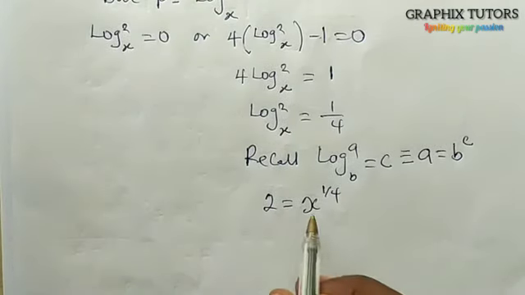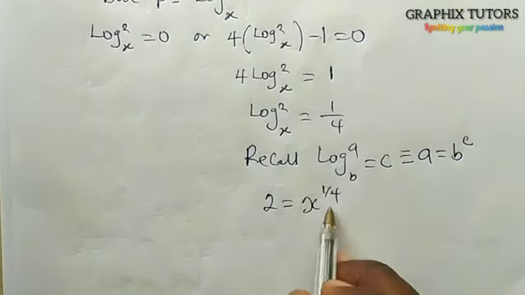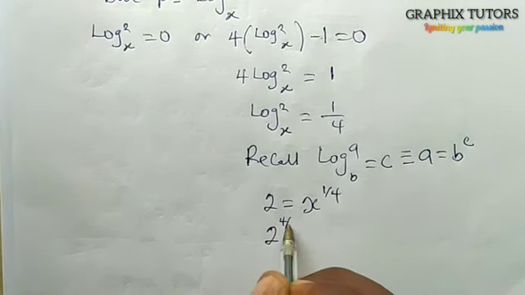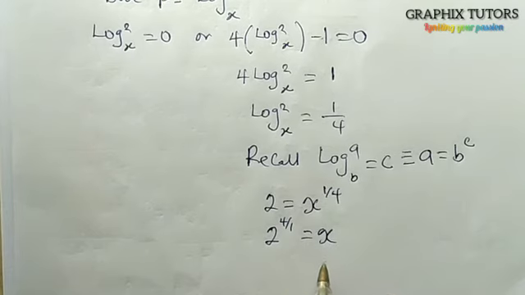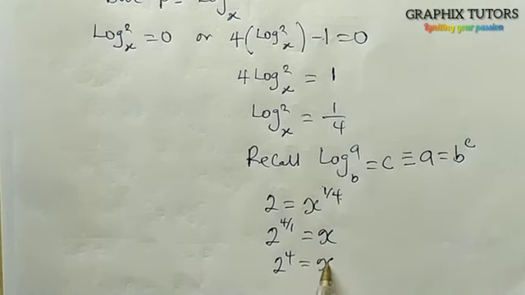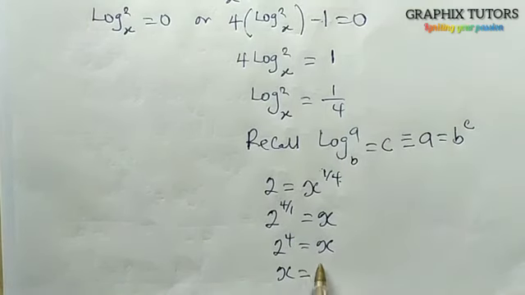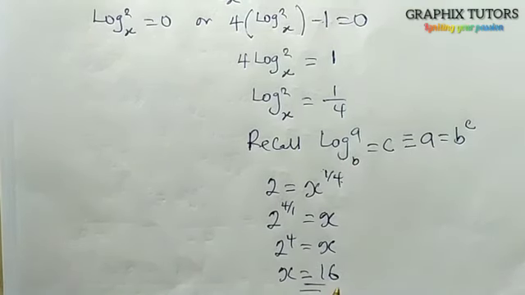So when this is coming here to change position, this will now become 2, this will be 4 over 1 equals to x. Because it is crossing the equal sign, that's why the 4 came up and the 1 came down. So from here, this will now give me 2 to the power of 4 is equals to x. So it means that my x is equals to 16.